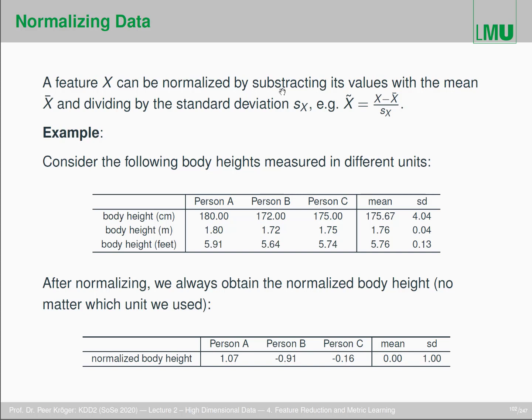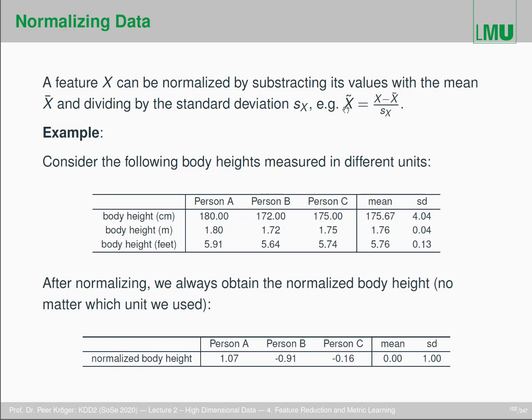In the statistics domain, it's mostly done by subtracting the mean, denoted as x prime, and dividing by the standard deviation, denoted by Sx here. So the normalized feature will be the original feature value minus the mean, divided by the standard deviation.